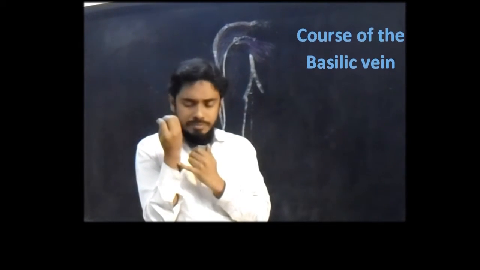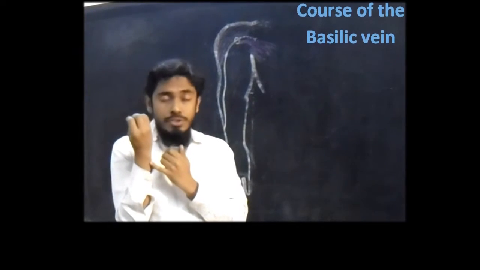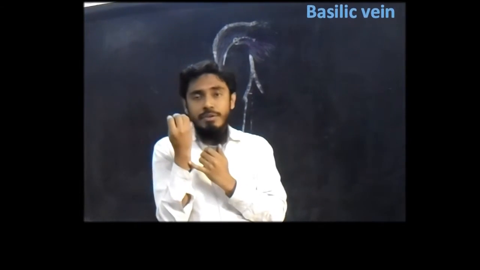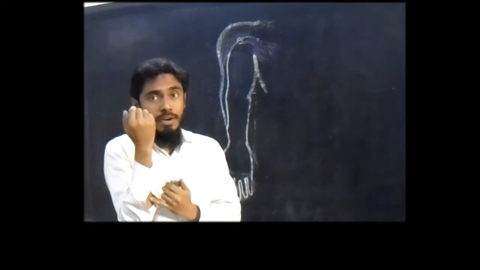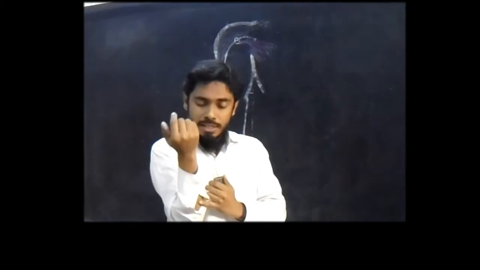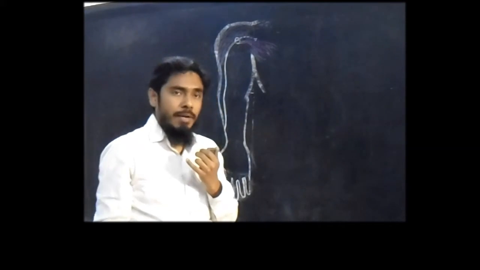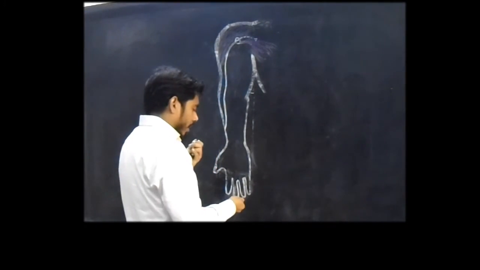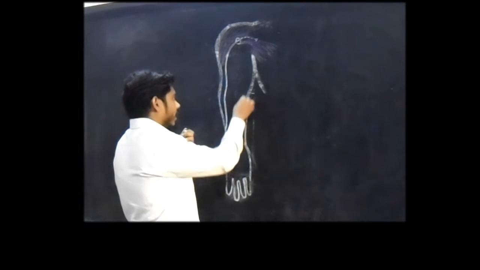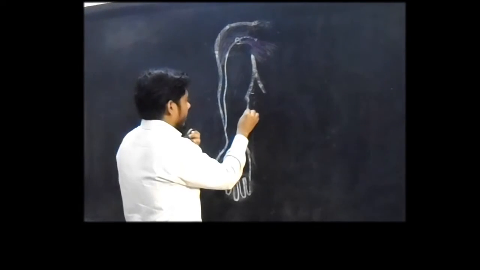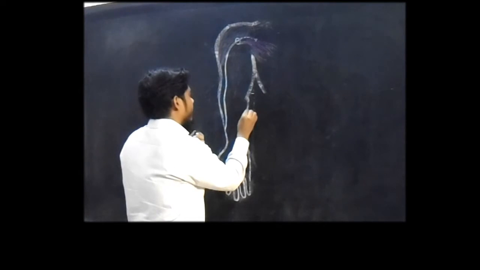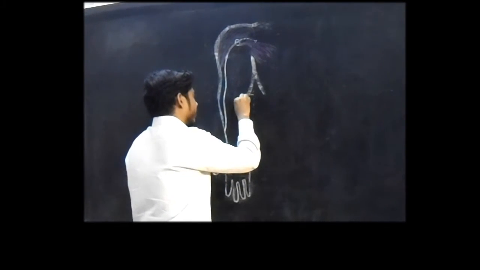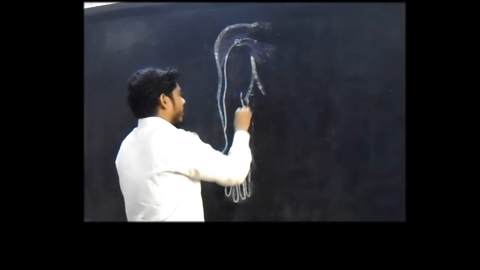Okay, and then it ascends upward along the posteromedial aspect of the forearm and then goes up, and just below the elbow it turns anteriorly to come into the anterior aspect of the forearm and reach the medial side of the cubital fossa. From here it turns anteriorly and reaches the medial aspect of the forearm.